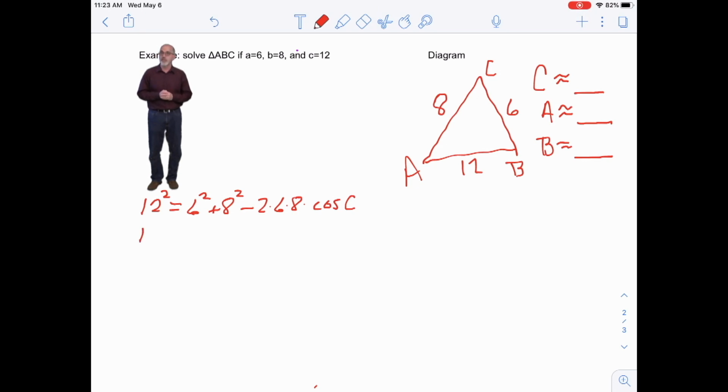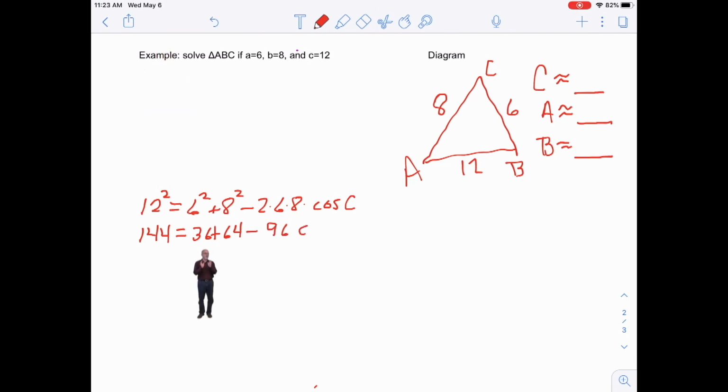Now, we're going to do our calculations. 12 squared is 144. 6 squared is equal to 36. Our 8 squared is equal to 64. Our 2 times 6 times 8 is 96 times cosine of C. Now, here's a warning. I want you to be careful at this point.